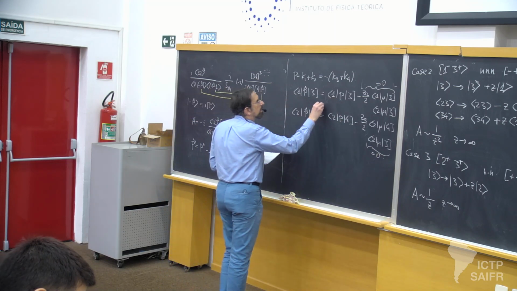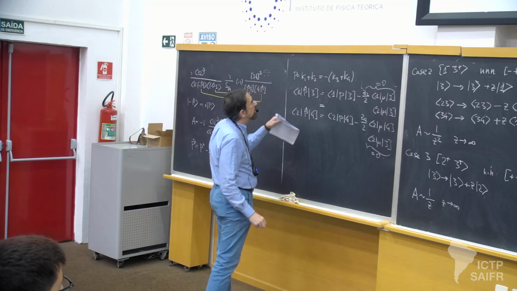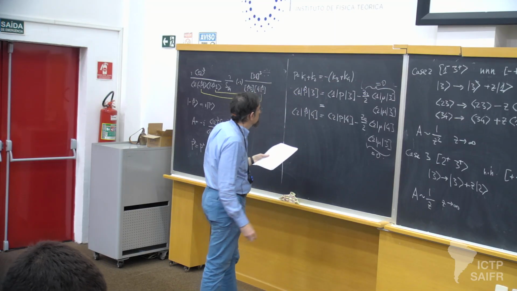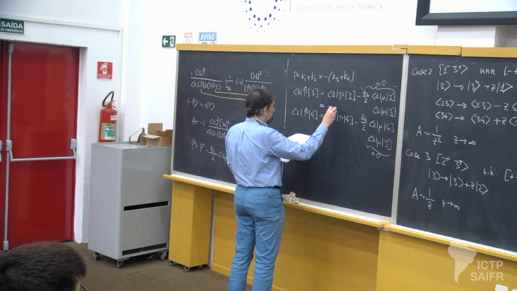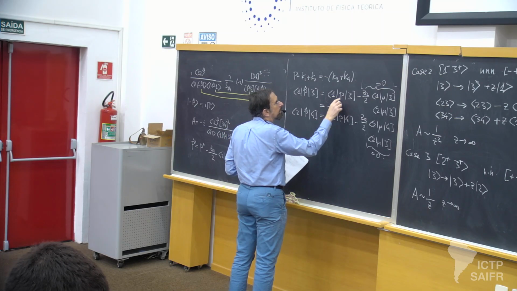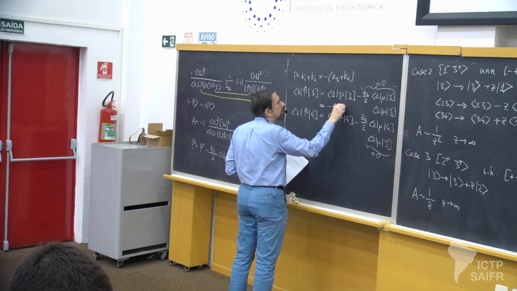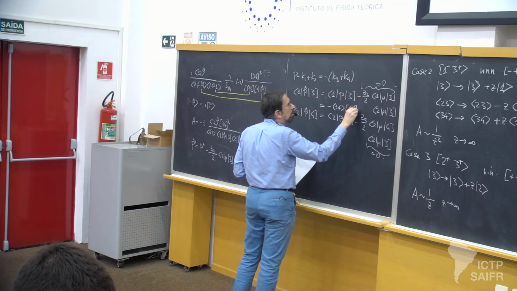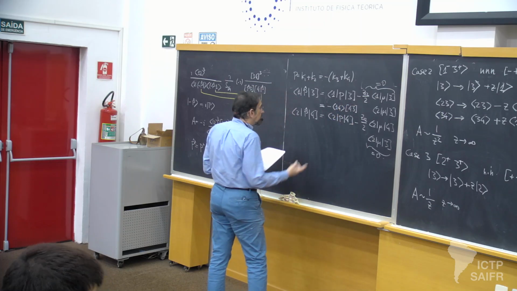So when the dust settles, it's actually more convenient to write it using k3 plus k4. And of course, the k3 term is going to vanish. It's just going to decompose into a product of spinors.